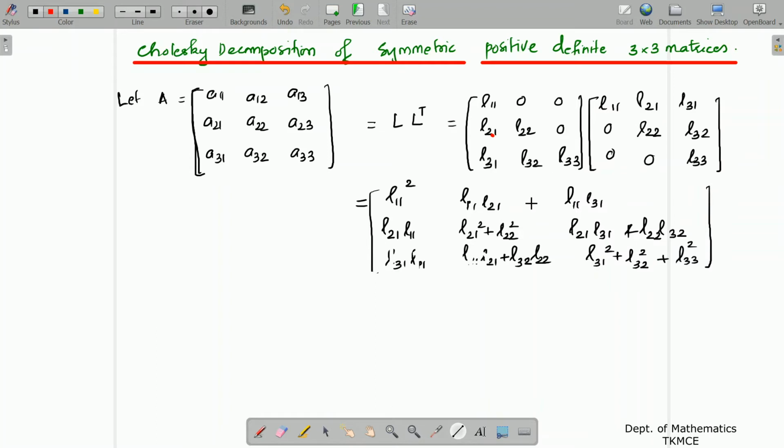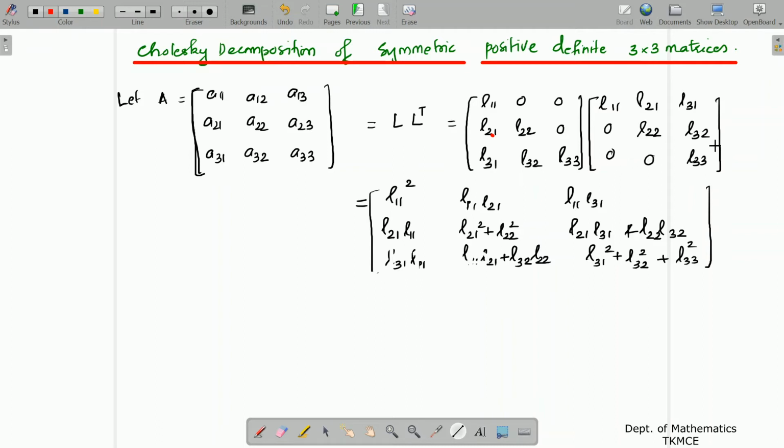Then the second row is multiplied with the second column, so we have L21 square plus L22 square. Then the second row multiplied with the third column, we have L21 L31 plus L22 L32. Similarly, the third row multiplied with the first column, we have L31 L11. Third row multiplied with the second column, L31 L21 plus L32 L22.